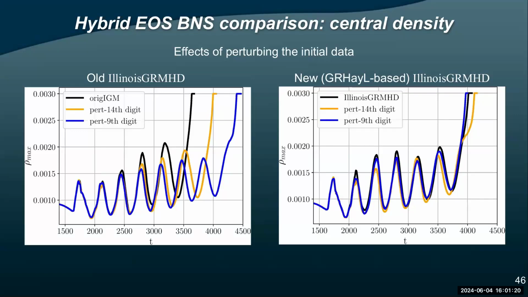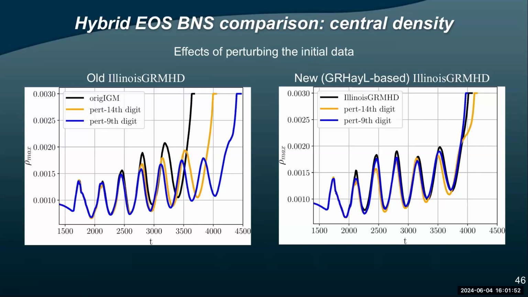Now, it's possible that GRHayl simply got lucky, but considering most of the code is basically identical, if we simply cleaned it up and pulled it out into a separate function, the things that we have changed, such as the metric derivatives or some of the prim stuff that was doing lots of math and then canceled out on both ends, that's just going to slightly jiggle what the number is.